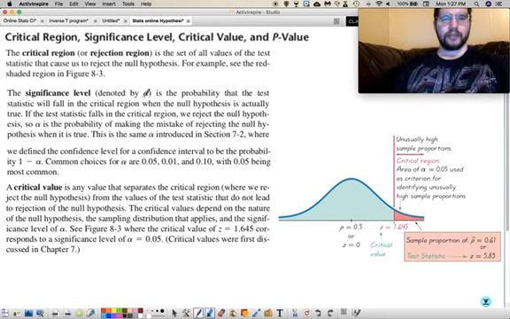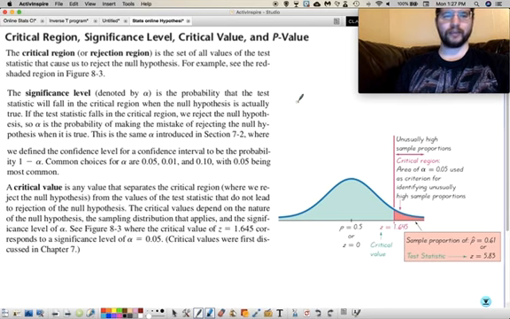The significance level, that's still alpha, is the probability that the test statistic will fall in the critical region when the null hypothesis is actually true. So that's like our error, our possibility of making a mistake. So that's why we like to keep it really low.